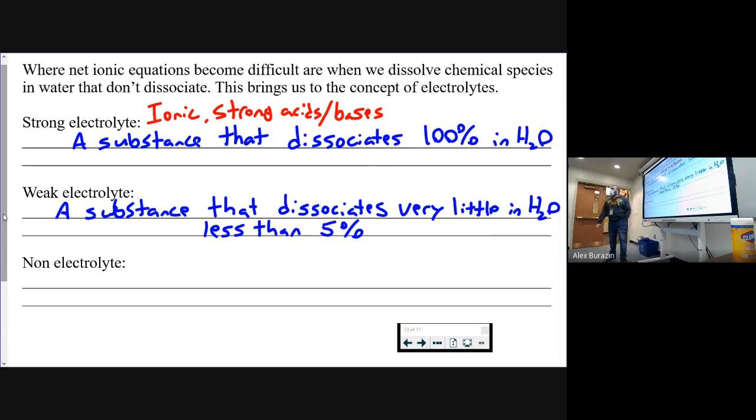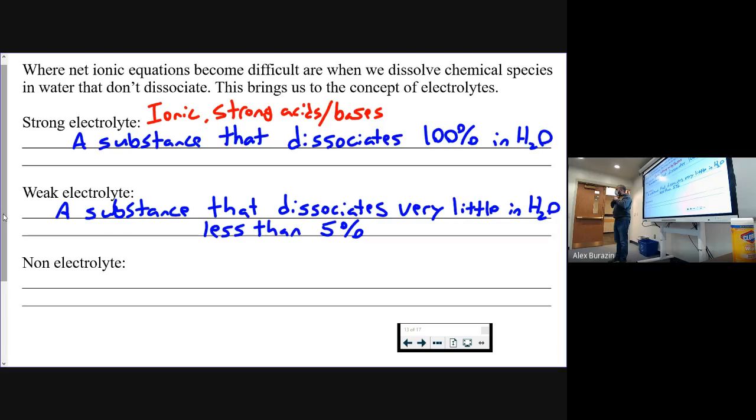Somewhere in that range, give or take. Sometimes it's like 0.001%, sometimes it's like 6%. But generally speaking, it's small. Less than 5 is a good spot to define it as. So with weak electrolytes, if I put 100 molecules of something in water to make it aqueous, 5 of them are dissociating, the other 95 are staying together as the full compound.